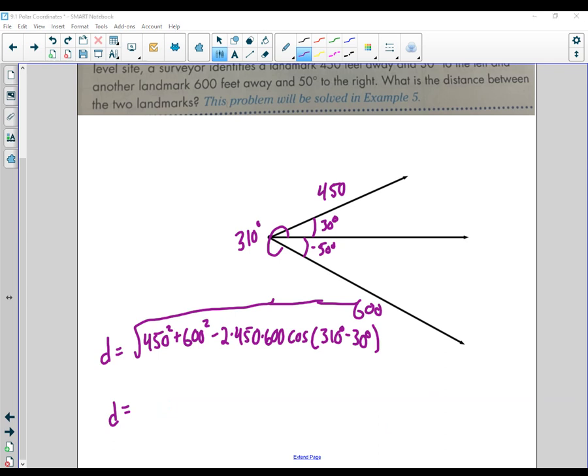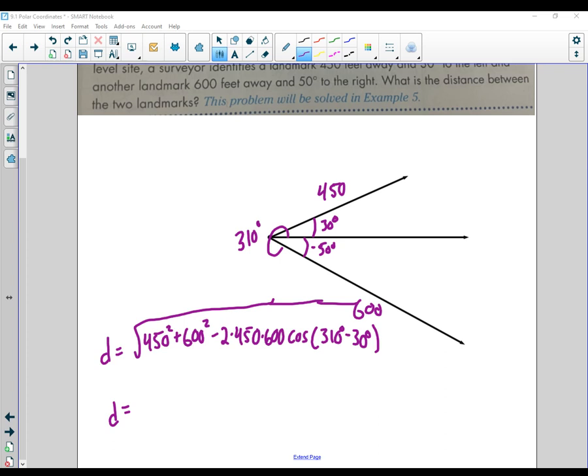All right, so the square root of 450 squared plus 600 squared minus, I'm going to put these in parentheses, 2 times 450 times 600 times the cosine of, what was it, 280, and I am in degrees, so that should be good.